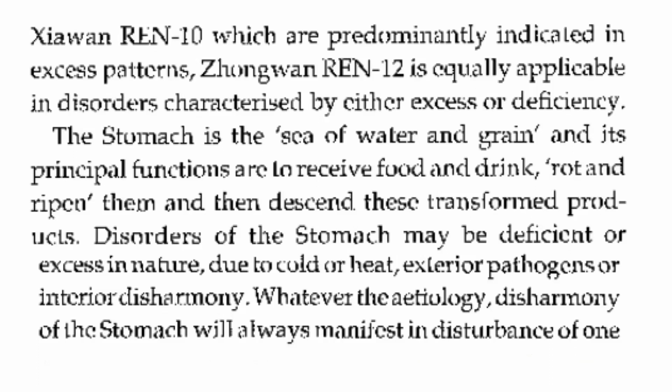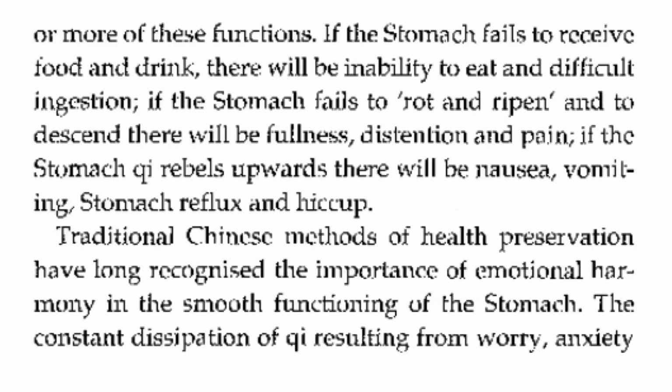Stomach is the sea of water and grain, and its principal functions are to receive food and drink, rot and ripen them, and then descend these transformed products. Disorders of the stomach may be deficient or excess in nature due to cold or heat, exterior pathogens, or interior disharmony. Whatever the etiology, disharmony of stomach will always manifest in disturbance of one or more of these functions.